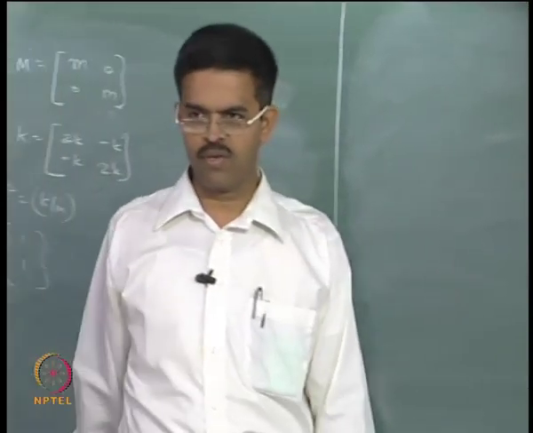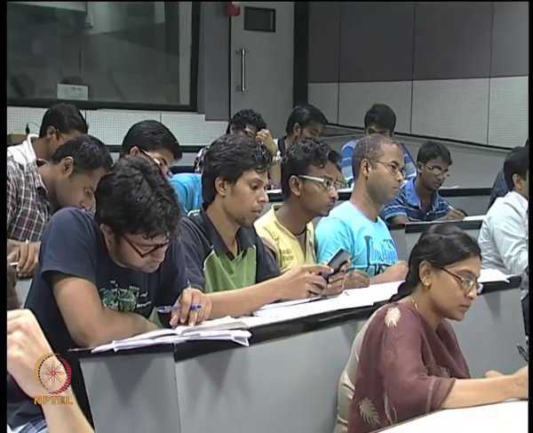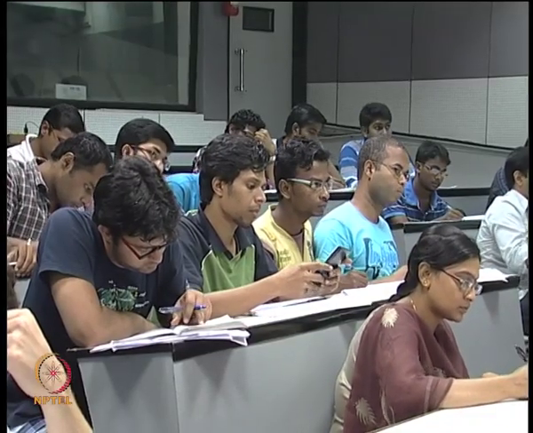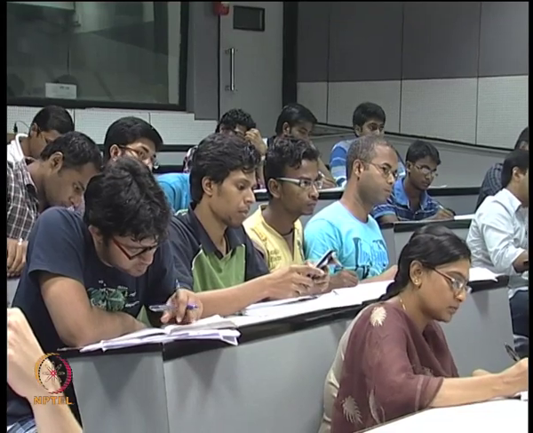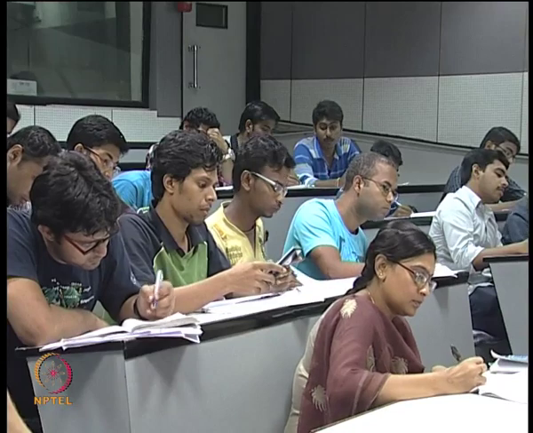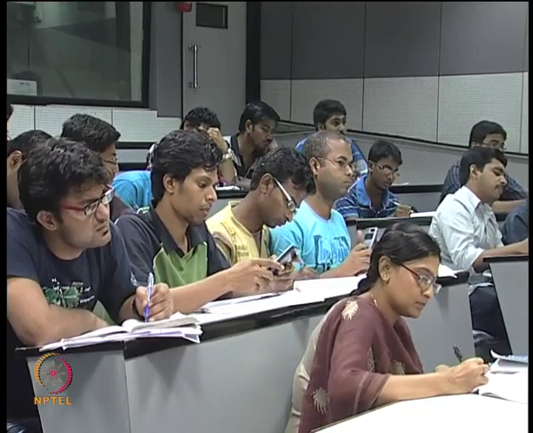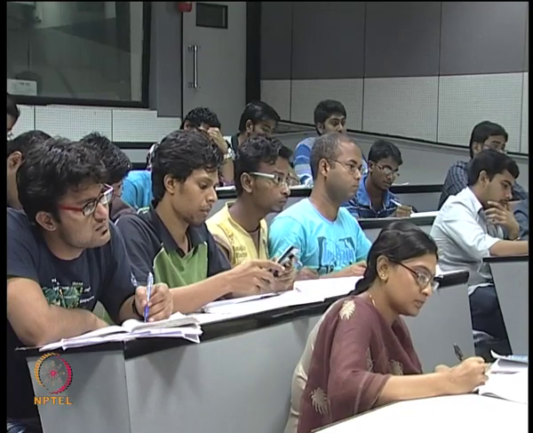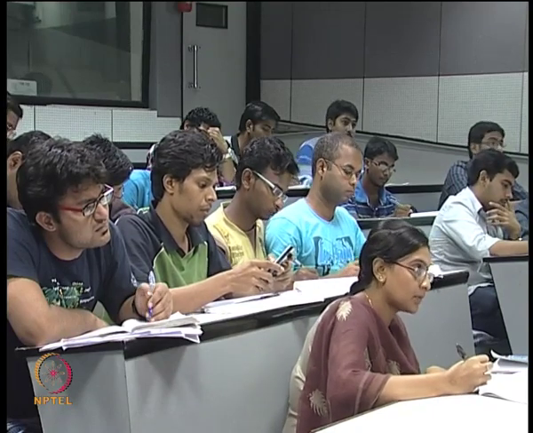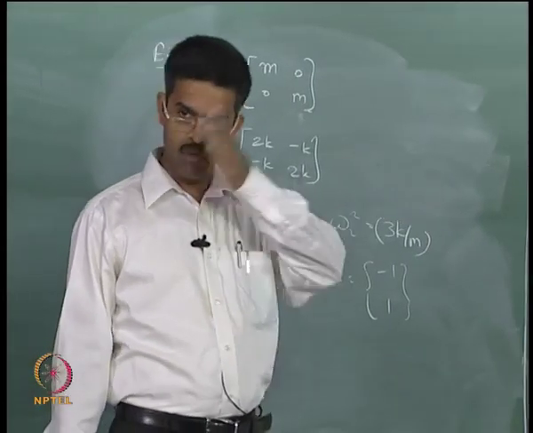Please correct it. I am sorry. 2k minus k, k and 2k. Yeah. What is the multiplier? K by m or nothing? No multiplier. Is the multiplier. Then what you are getting inside?